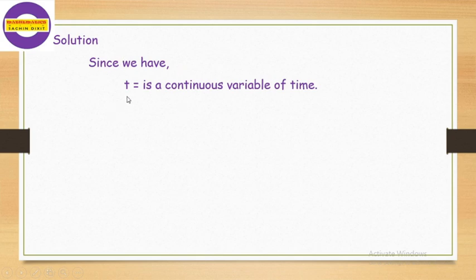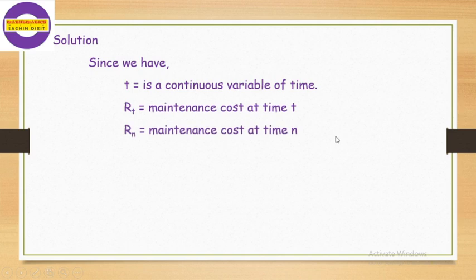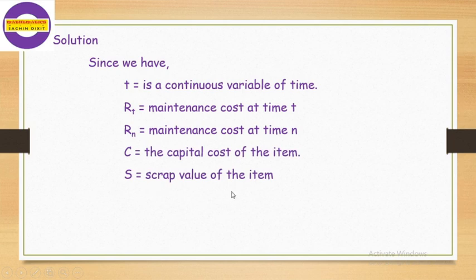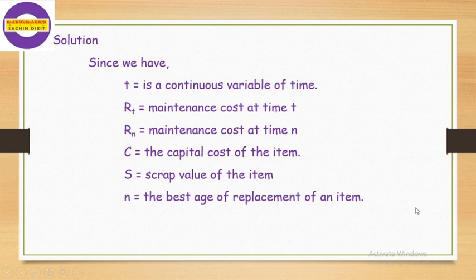Since we have t as a continuous variable of time, rt is the maintenance cost at time t, Rn is the maintenance cost at time n, C is the capital cost of the item, S is the scrap value of the item, and n is the best age of replacement of an item.